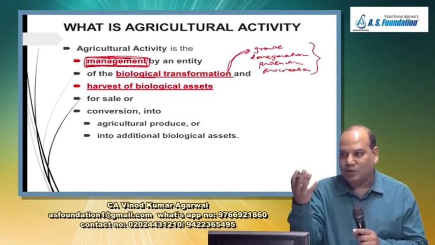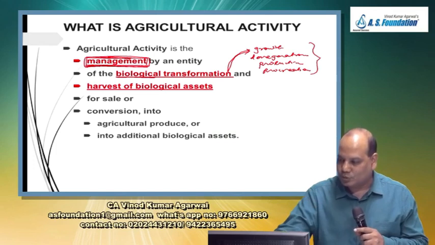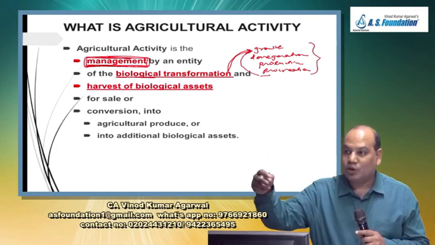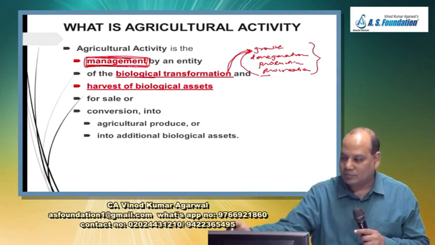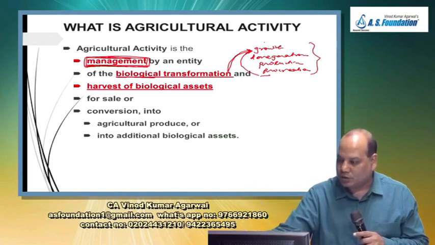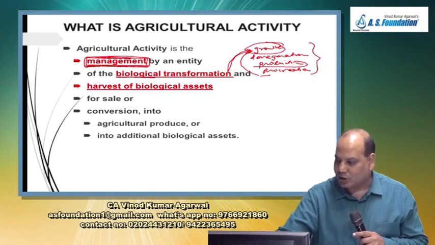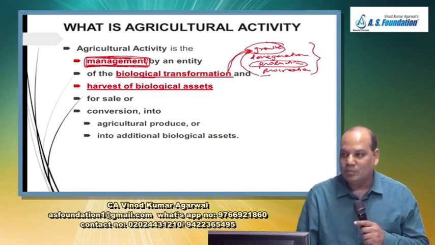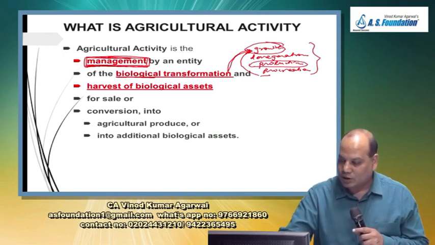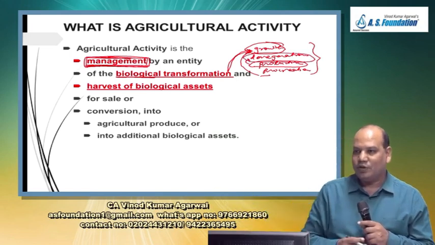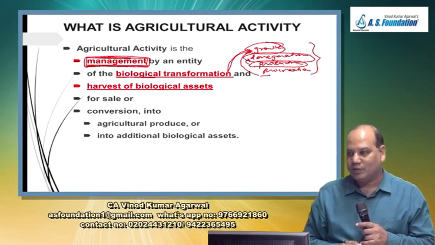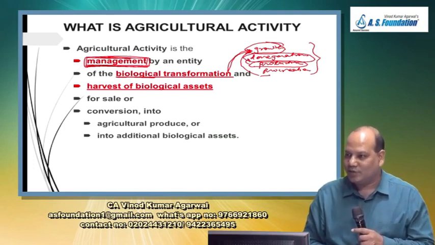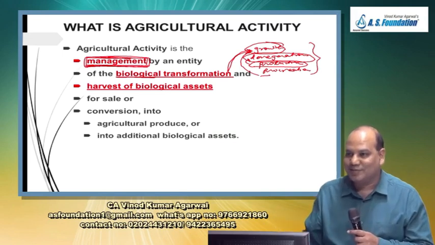So take the example, suppose there is a calf born, procreation. The calf grows into a mature cattle. Then from the calf, which becomes a cow now, you produce milk, and once that cow dies, then you use it for either beef or leather. Is it right? This is biological transformation.